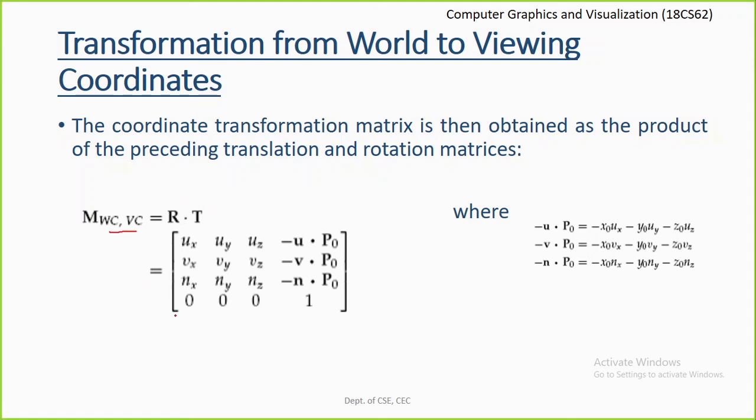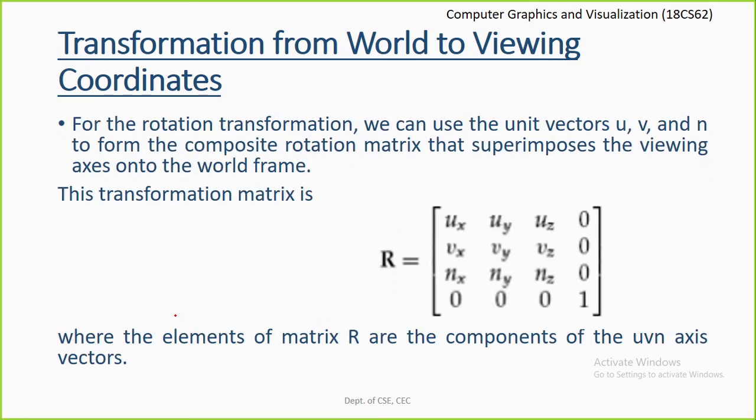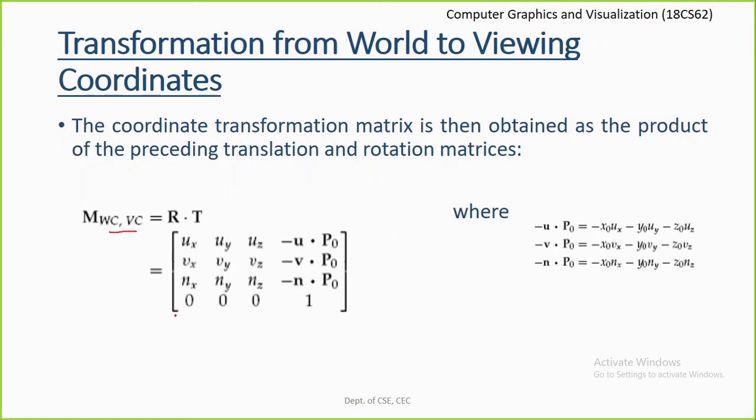The coordinate transformation matrix is thus obtained as the product of the preceding translation and rotation matrices that we discussed here. So this is the translation matrix and this is the rotation matrix. After multiplying these two matrices, this is the product matrix that we are going to get.